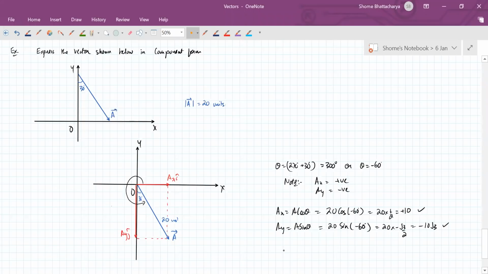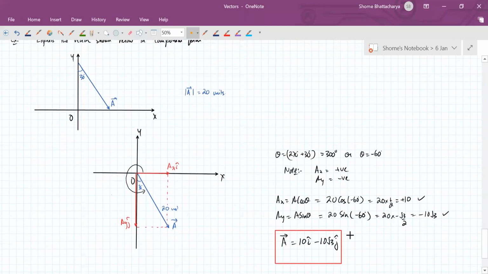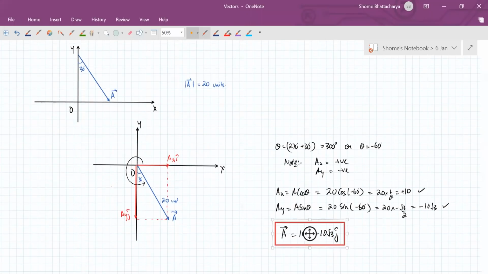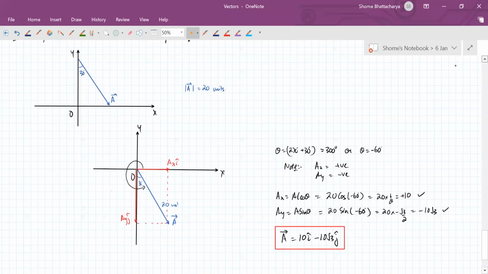So the vector A now expressed in component form becomes 10 i cap minus 10 root 3 j cap. So whatever vector we had described by the first diagram over here is now represented by this.